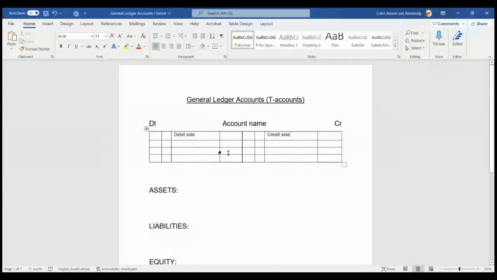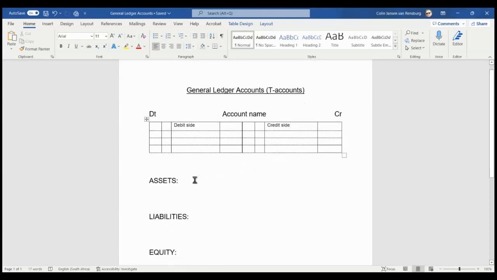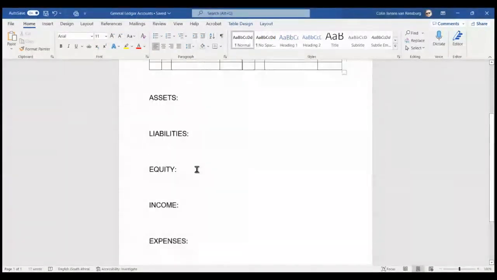So we've got a debit side, we've got a credit side, and as we've said, the total of your debits for every entry must add up to the same as the total for your credits for every entry, right? That is the double entry system. Now, ladies and gentlemen, what is important for us to realize is when we look at the various elements that we've discussed.